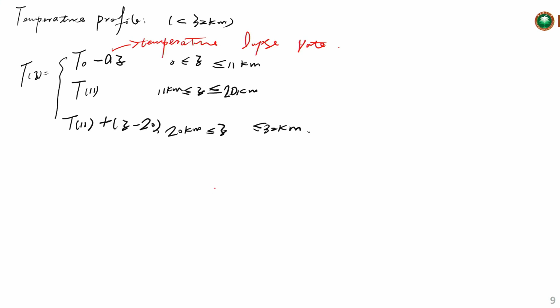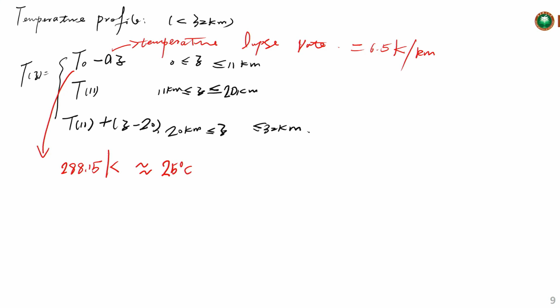For the standard atmosphere, A equals 6.5 Kelvin per kilometer, and T11 is T0, which equals 288.115 Kelvin. It corresponds to 25 degrees centigrade.